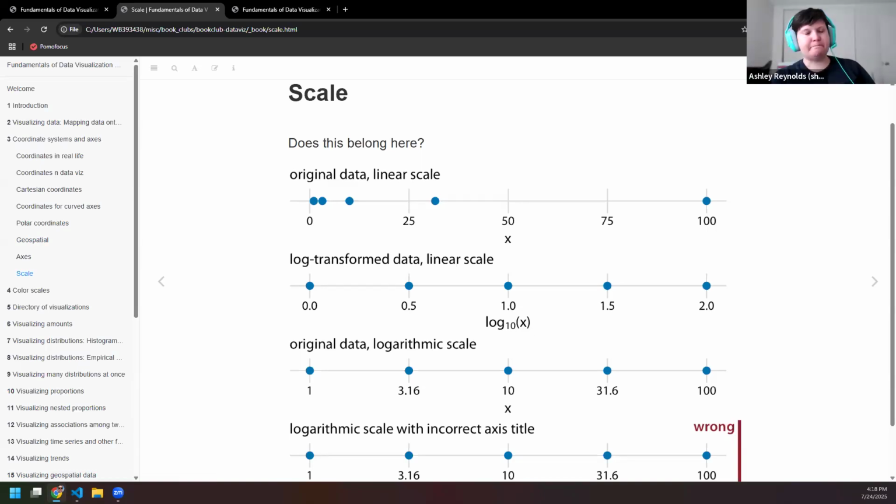I think to your point, there's something that I didn't notice when I was reading the chapter, but noticed while you were presenting. This is something that could be useful in a discussion of what an axis is and how you interpret them.